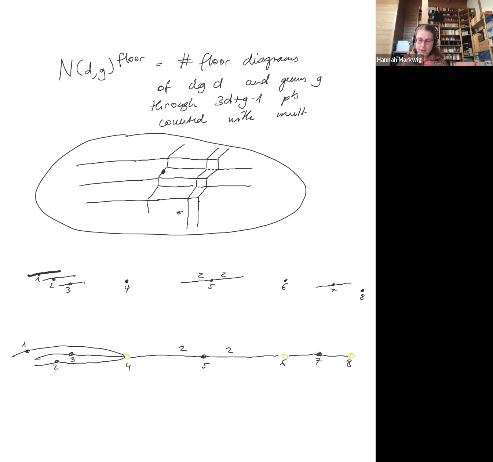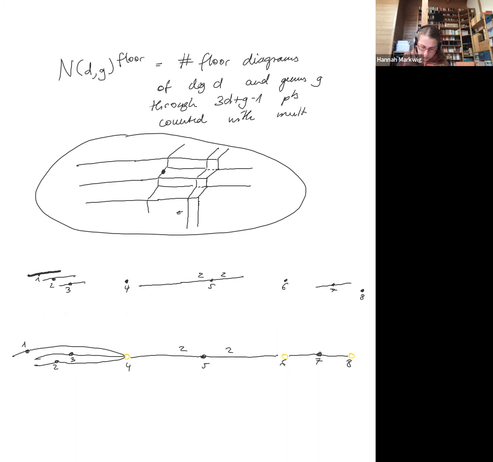So there's a unique way to complete the tropical curves to a floor. And admittedly, in this picture, the picture is just not big enough. It's not detailed enough to really make this precise. I can try, but it will be a little bit cheated.